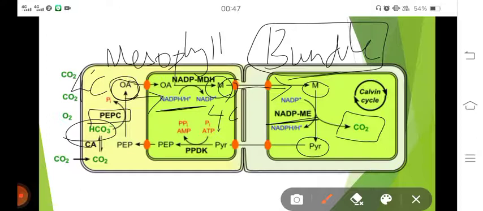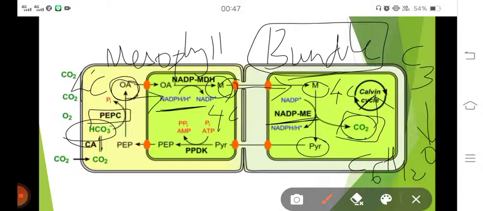This carbon dioxide released in the bundle sheath cell will be fixed into the Calvin cycle, that is nothing but the C3 cycle, to produce glucose, C6H12O6. Now, as malic acid is a 4 carbon compound and it has lost 1 carbon, pyruvic acid will become a 3 carbon compound.